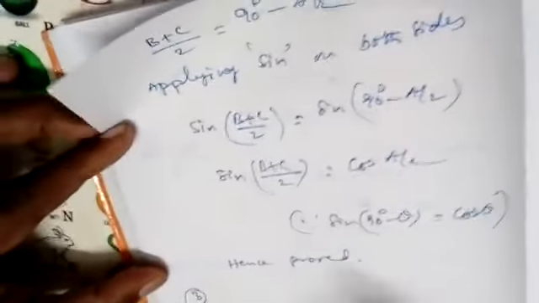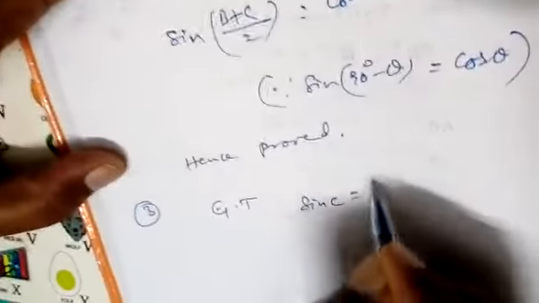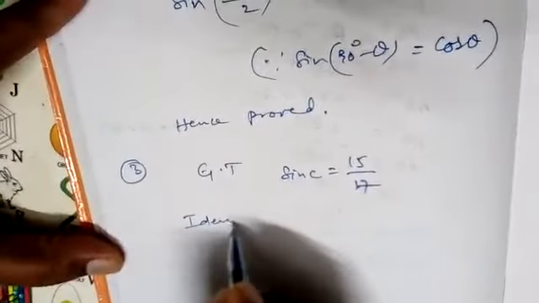Now third question. So page number 290. Given that sin C is equal to 15 by 17. So we know the identity 1.